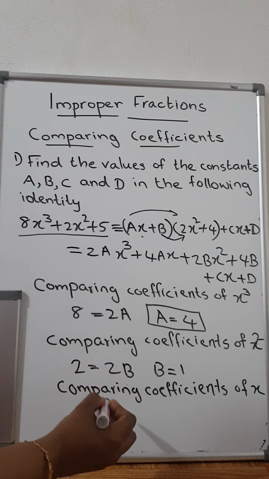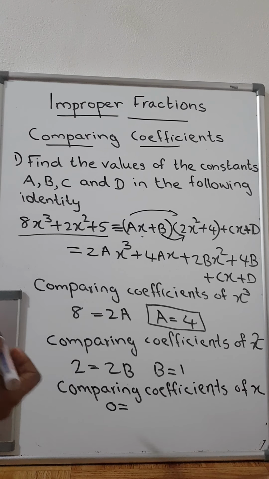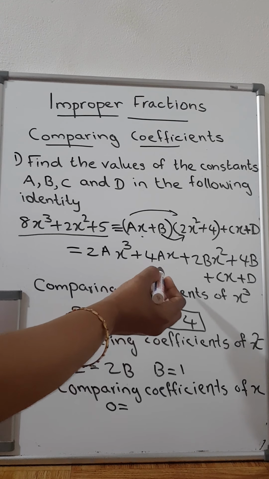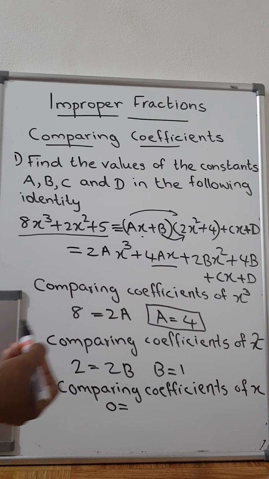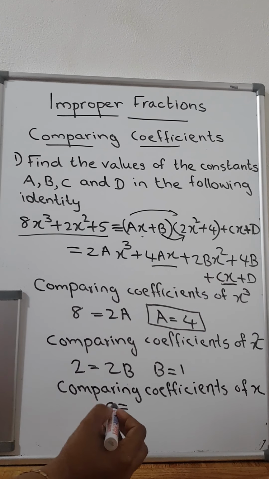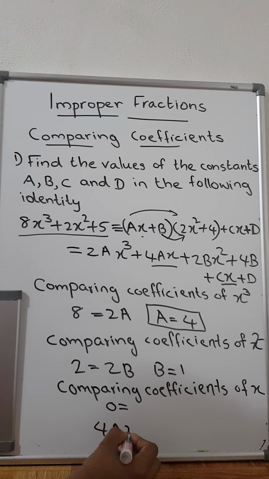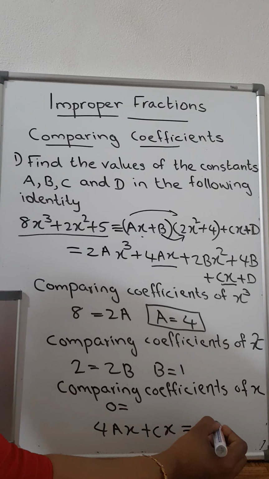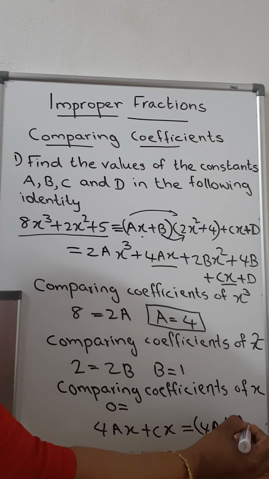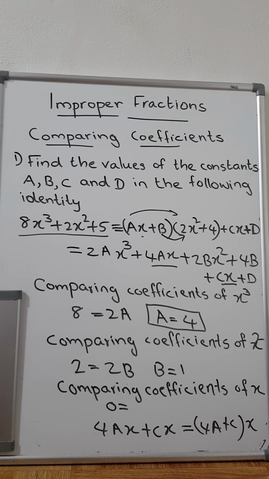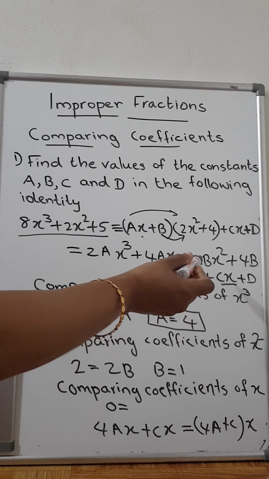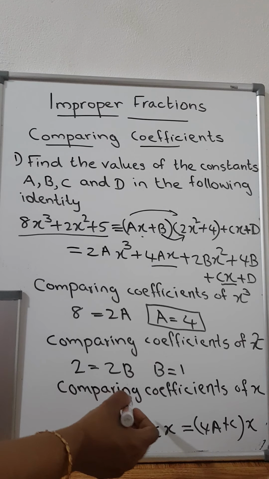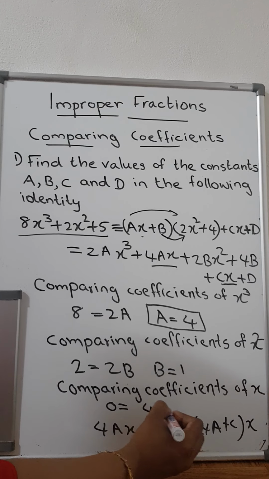So 0 is equal to, on the right hand side we have two terms with x, 4ax and cx. So we can rewrite it as (4a plus c) times x when we factorize. So the coefficient of x on the right hand side is 4a plus c. So we can write 0 is equal to 4a plus c.